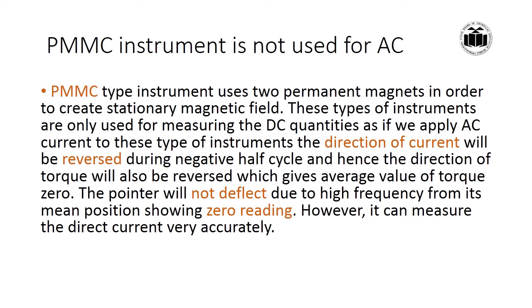Fourth thing, this PMMC instrument is not used for AC. PMMC instrument uses two permanent magnets in order to create a stationary magnetic field.